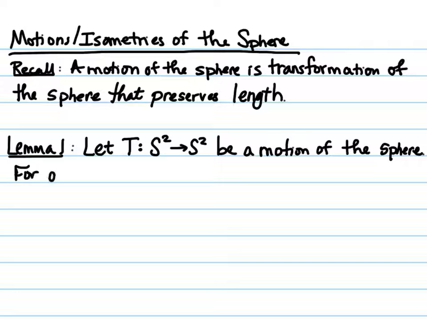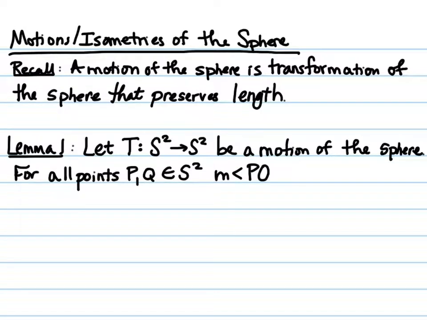Then for all points P and Q in the sphere, the measure of angle PオQ, remember O is the origin, would be the measure of angle T of P, O, T of Q. A lot of times we call them P prime and Q prime when we do the transformation, but they're being defined like this time, which is fine.